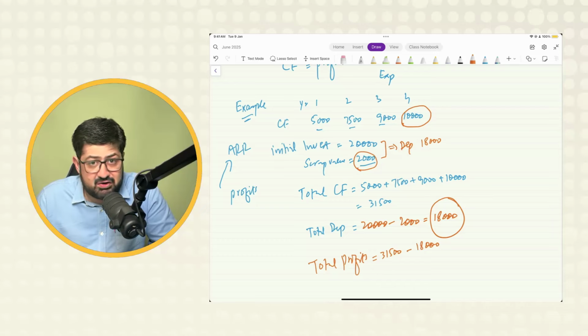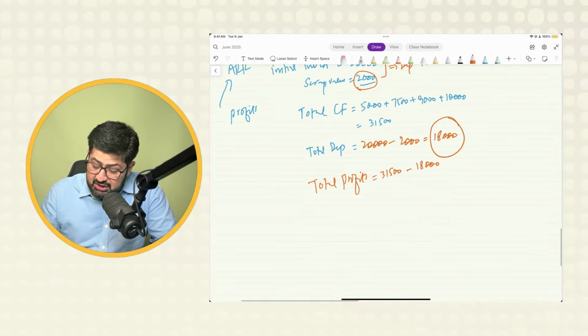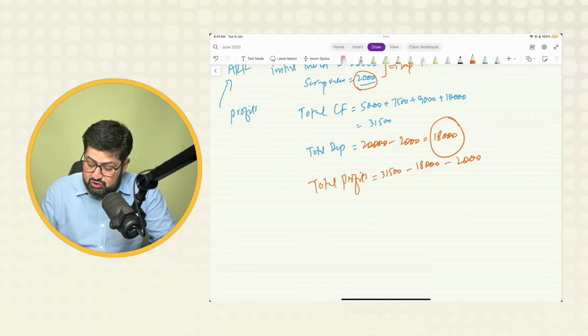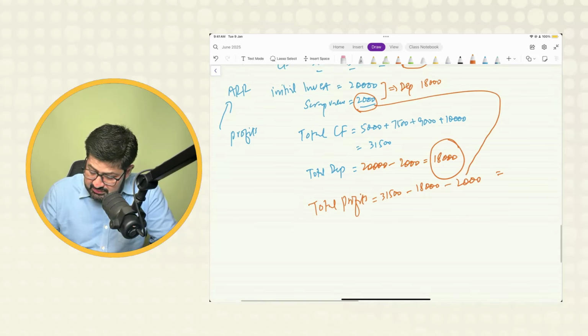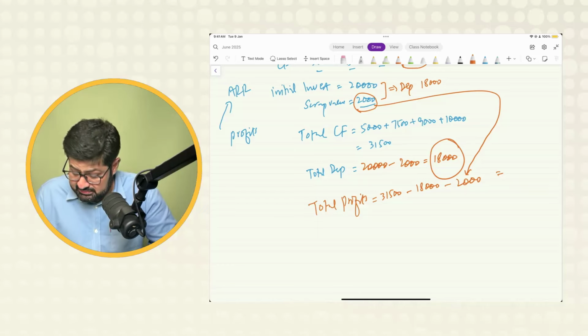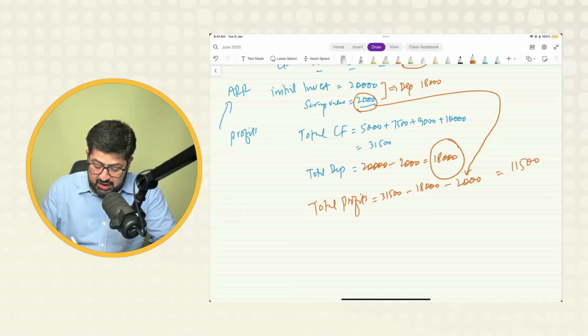Scrap value is not part of the profits. That is part of the cash flows. So we need to deduct that 2,000 as well. So this 2,000 came from the scrap value. This has to be deducted in the final year. So now it will be 11,500 total profit.